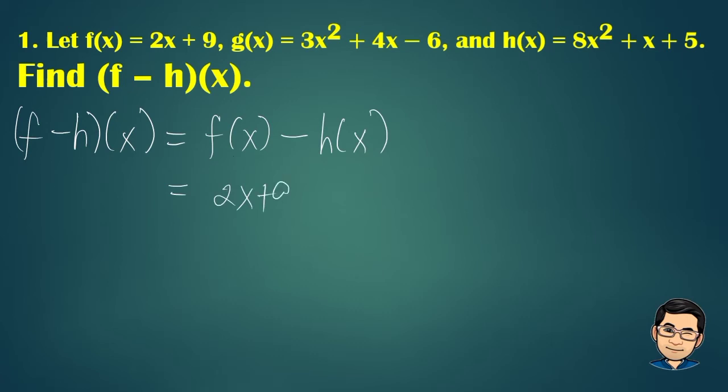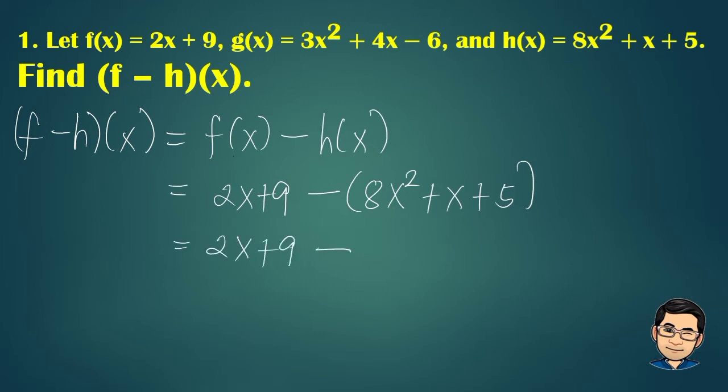And then, h of x naman 8x squared plus x plus 5. Okay. And then, 2x plus 9 minus, again, mababago lahat ng signs ng nasa loob ng parentheses. Okay, so magiging negative 8x squared minus x minus 5.